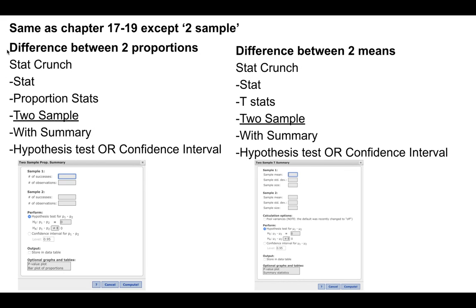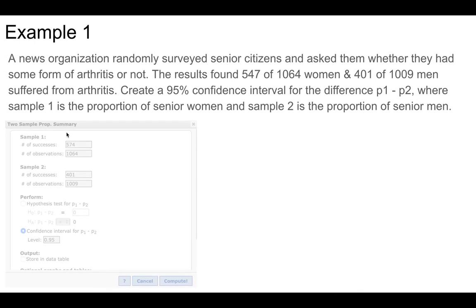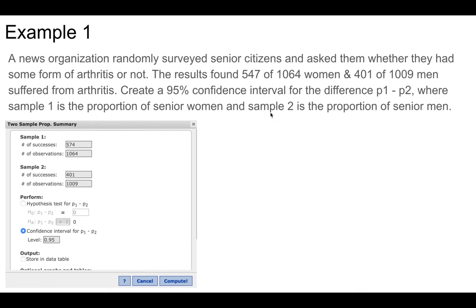So I did this on StatCrunch. I went to stat, proportion stats, two sample instead of one sample, and then with summary. And you can see I put in here, sample one, they said was the proportion of women. So I made a mistake here.